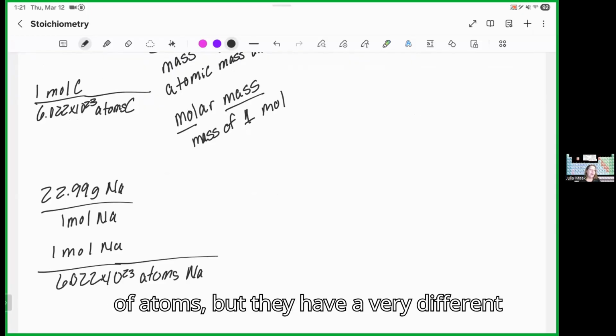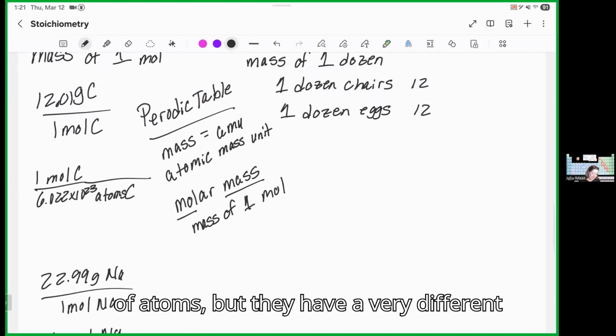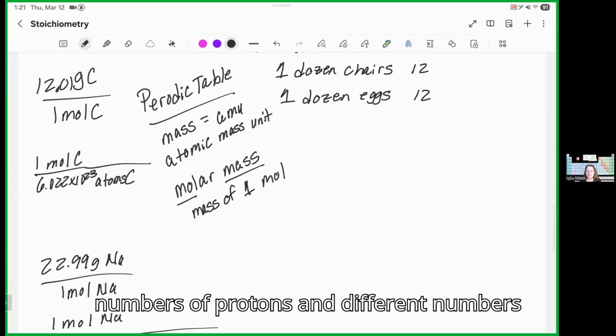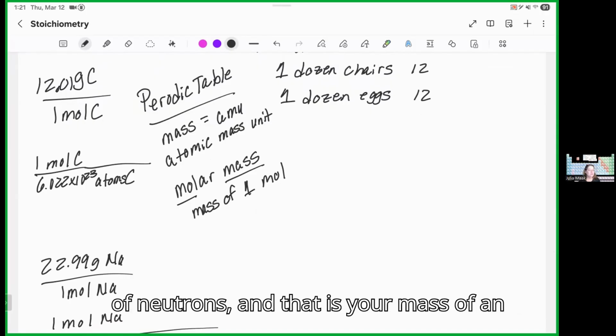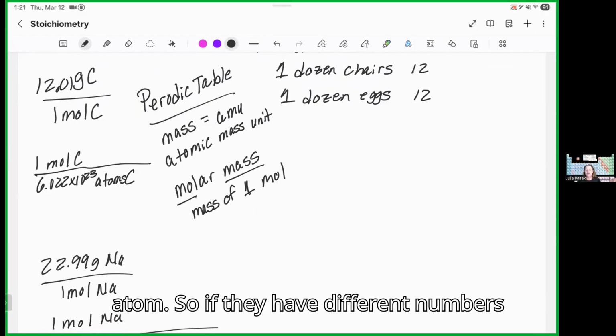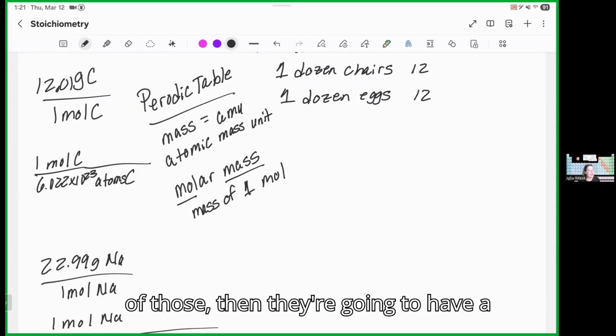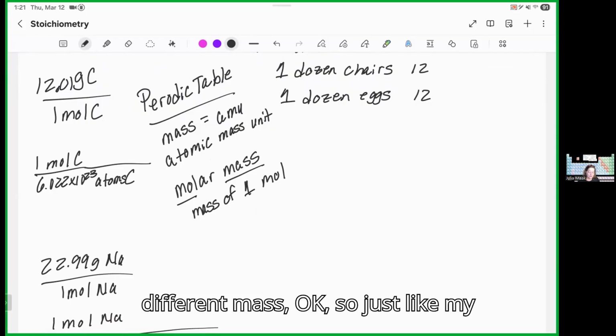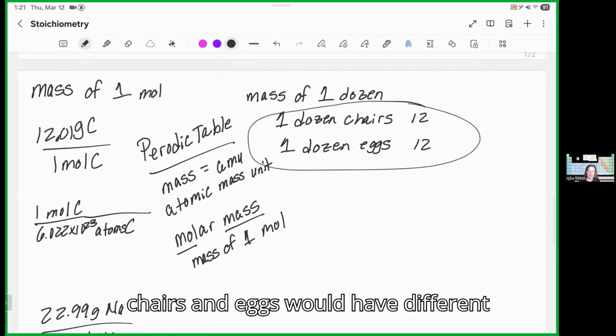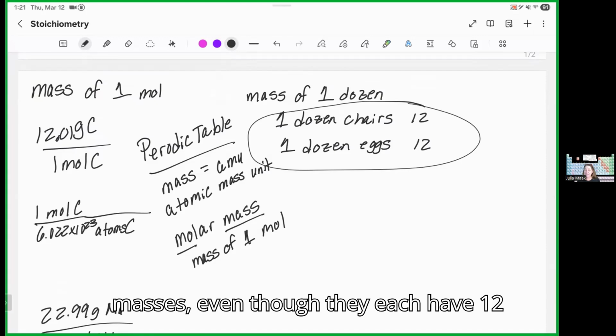They still have the same number of atoms, but they have a very different mass, because they have different numbers of protons, different numbers of neutrons, and that is your mass of an atom. So if they have different numbers of those, then they're going to have a different mass. Just like my chairs and eggs would have different masses, even though they each have 12 things, they have a different mass.